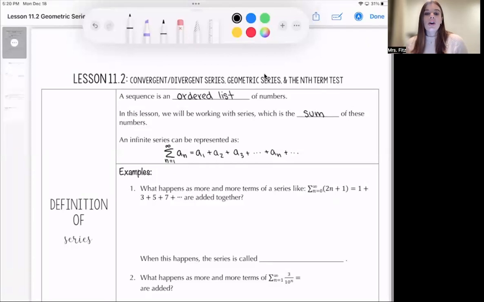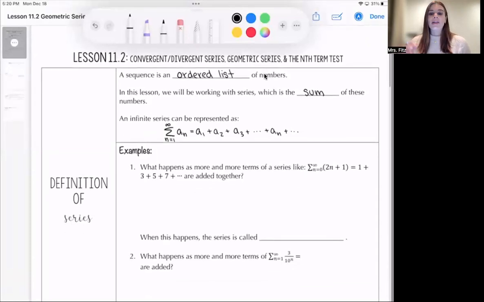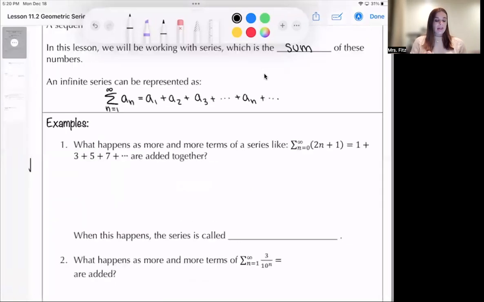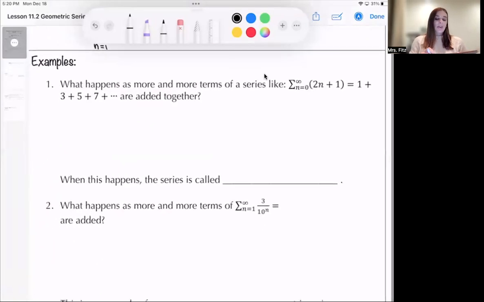So what happens as more and more terms of a series like the sum from n equals 0 to infinity of 2n plus 1 are added together? We're going to look at an example of this. If you plug in 0, you get 0 plus 1, which is 1.